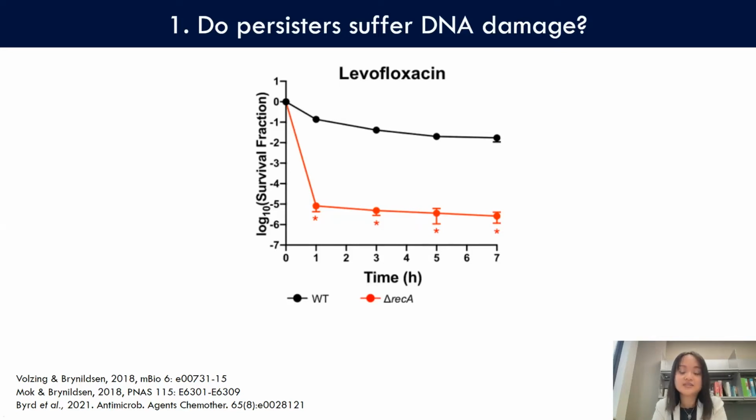And we see that in this mutant, the survival of the population treated with levofloxacin, a fluoroquinolone, decreases by about 3 to 4 orders of magnitude compared to its wild-type counterpart. So this result suggests that these persisters do indeed suffer from DNA damage, and they depend on recA to survive.